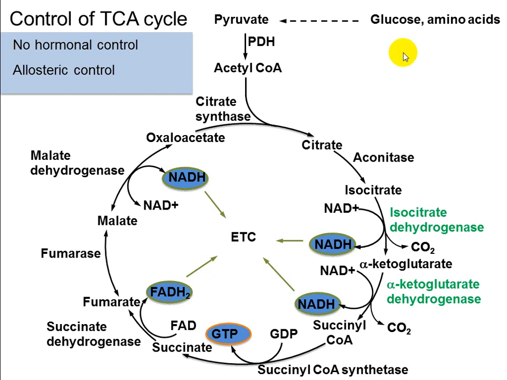The key step for allosteric control in the TCA cycle occurs in isocitrate dehydrogenase. This enzyme is inhibited by ATP and NADH and activated by ADP.